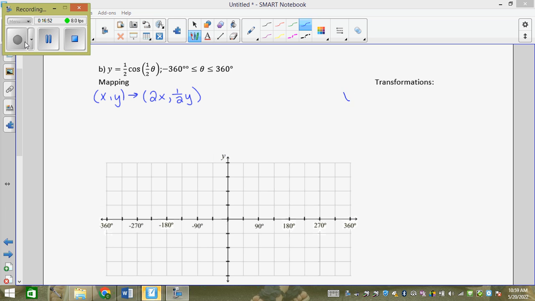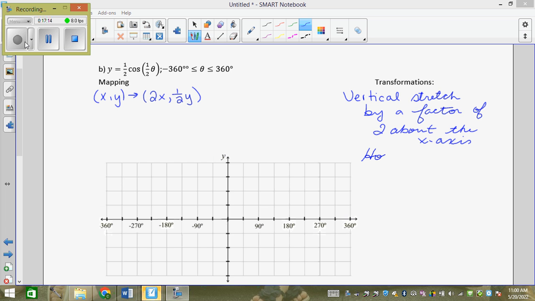So I have a vertical stretch by a factor of 2 about the x-axis and the horizontal stretch.